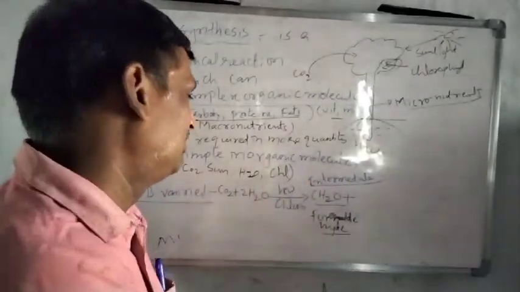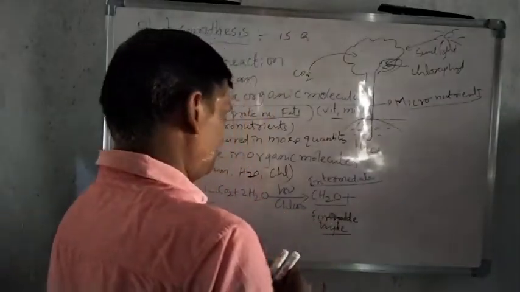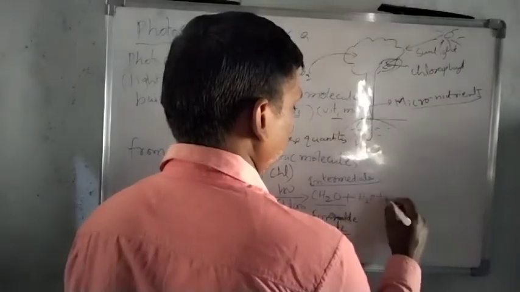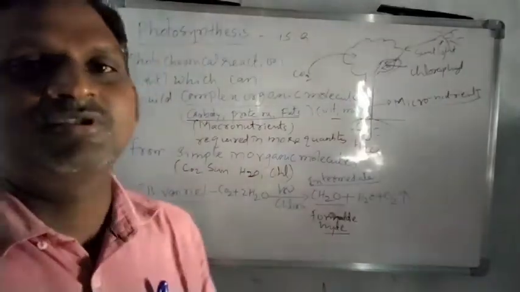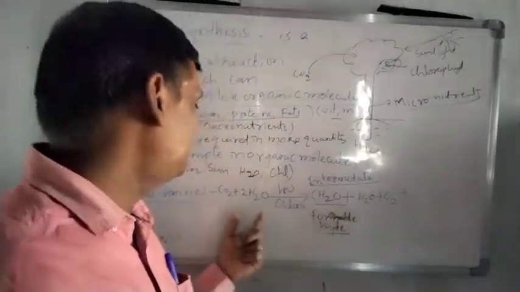Along with this intermediate CH2O, one water molecule and one oxygen molecule are produced. So this is the simple equation given by C.B. Van Niel.